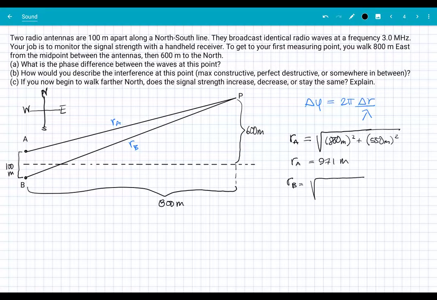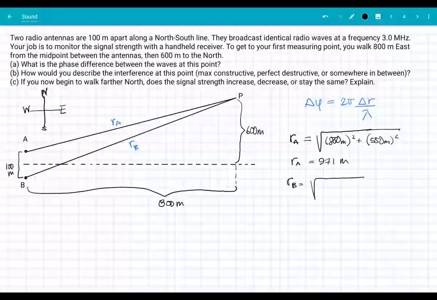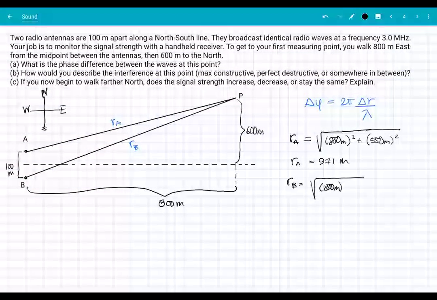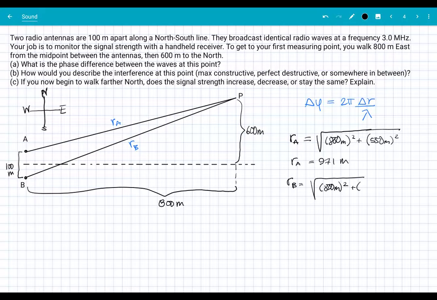Make sure that you trace out those right triangles so that you can make sense of what you're doing. 800 meters squared, and this one will be 650 meters squared. For R sub B, that gives us 1,031 meters. So our delta R, which is R sub B minus R sub A, is equal to about 60 meters.